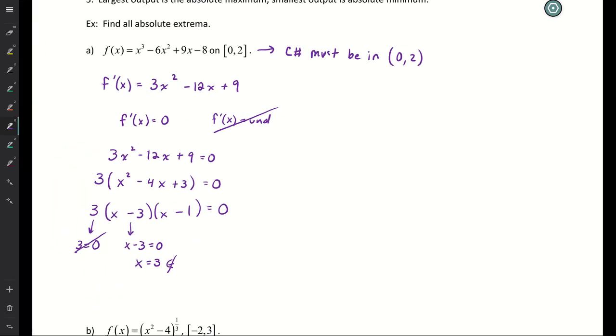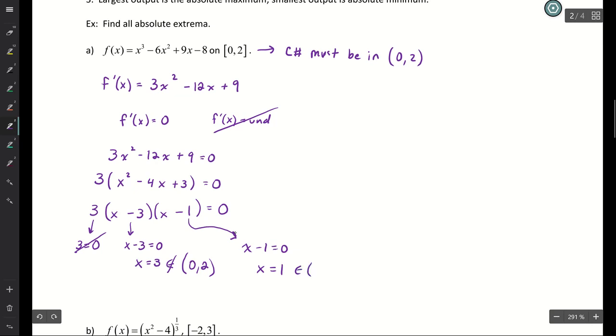So we notice that x equals 3 is not an element of the open interval from 0 to 2, so that's not going to be included. And then we're going to come over here and we get x minus 1 equal to 0. We have x is equal to 1. We notice that is an element of the open interval from 0 to 2. Okay, so that's the only critical number that we're going to consider.